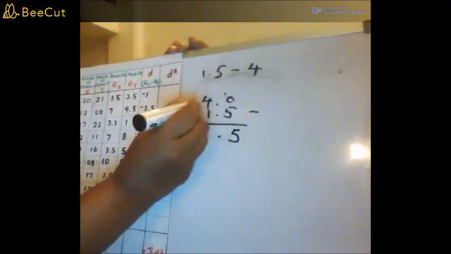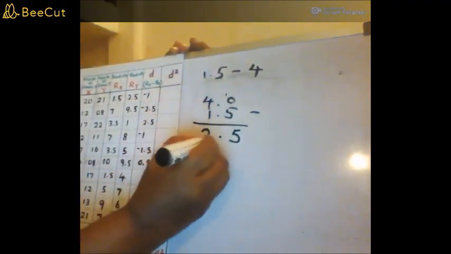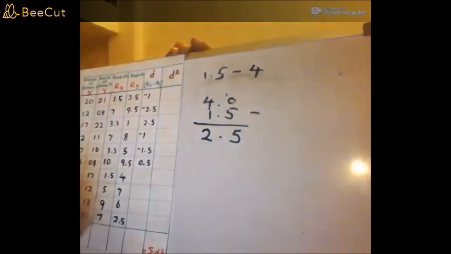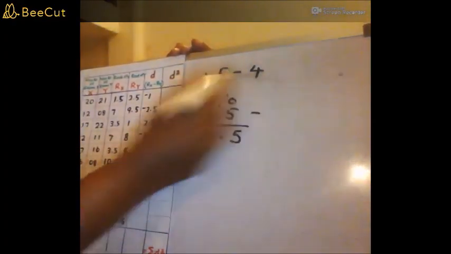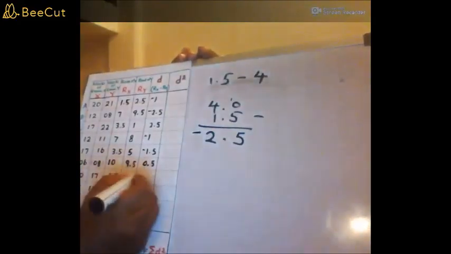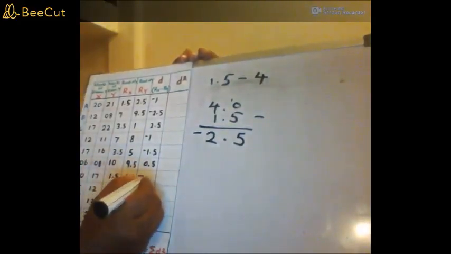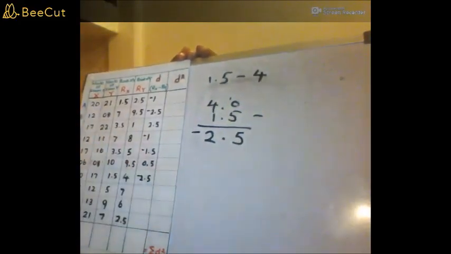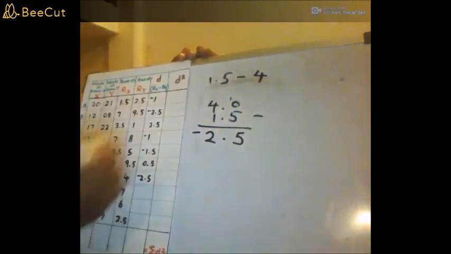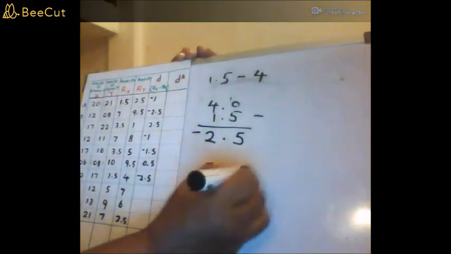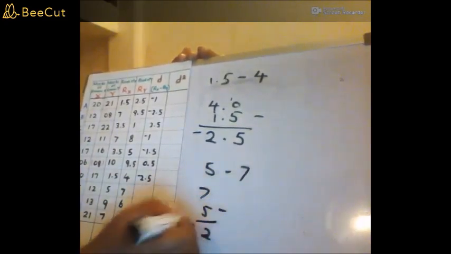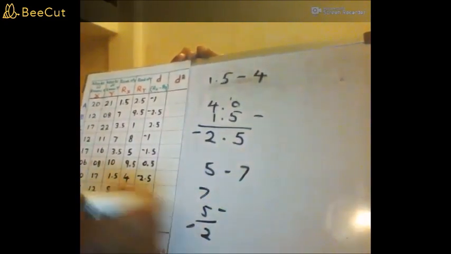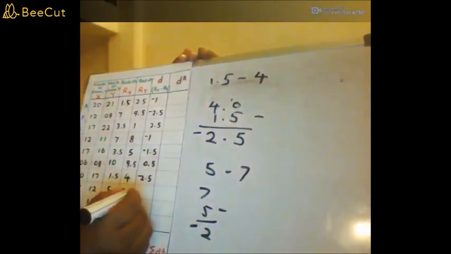Here now it's 3. 3 minus 1, 2. So you will have to put minus. So minus 2.5. Now I am teaching this. 5 minus 7, do like that, right? 7 minus 5, it's 2, minus 2.